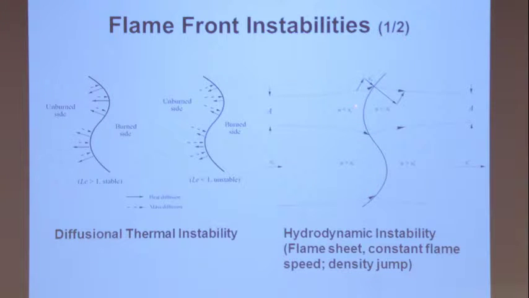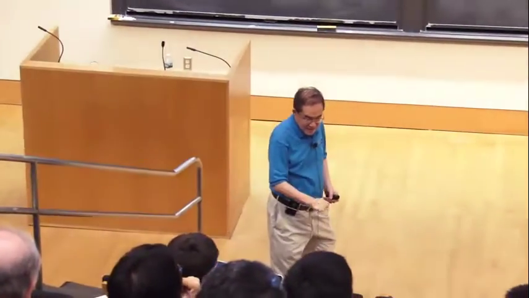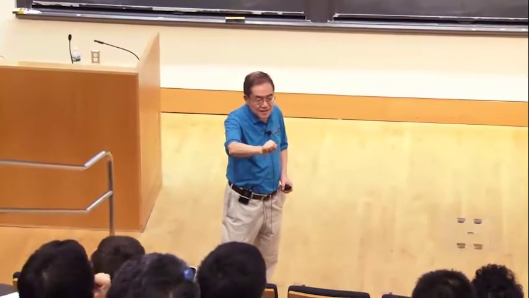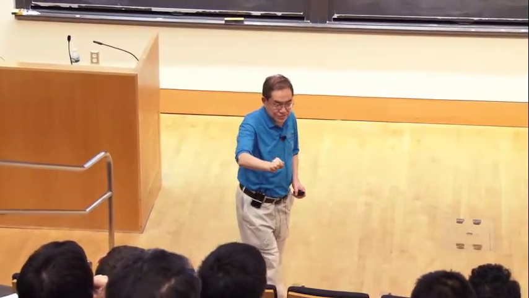And the velocity here is the same, the laminar flame speed. So if I wrinkle it this way, the flame will go this way. I wrinkle it this way, the flame will go this way. So for this Landau assumption, the flame speed is the same. The flame is infinitely thin. And then if I wrinkle it, the wrinkle will always grow.